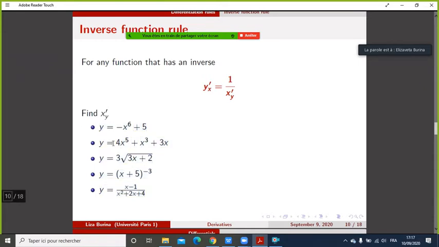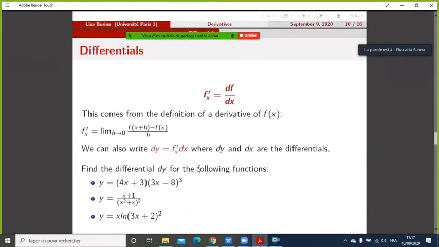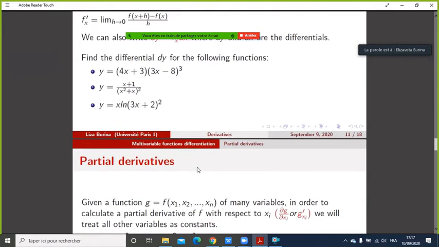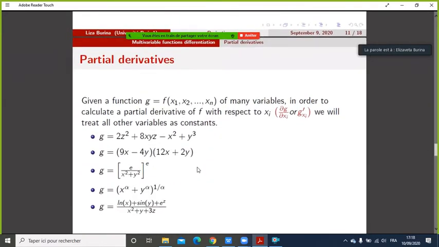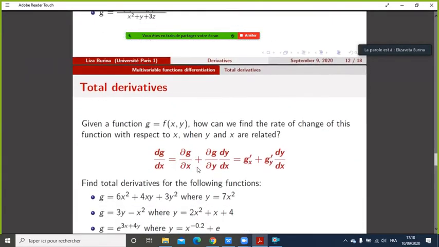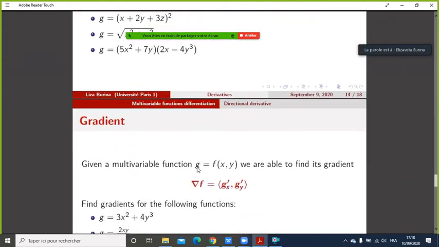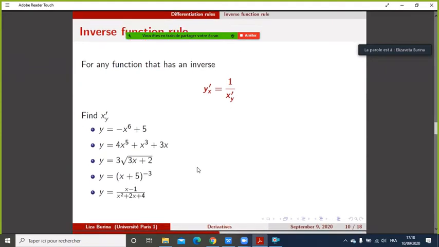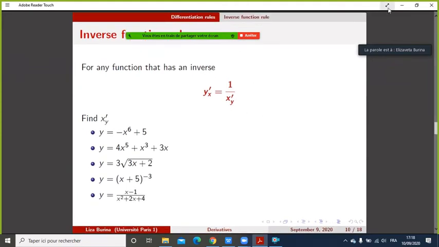I'll explain it to you in just a second, and then try to move on to partial derivatives, total derivatives. I was planning to actually get here. So for now, let us do the calculations, 5 minutes.